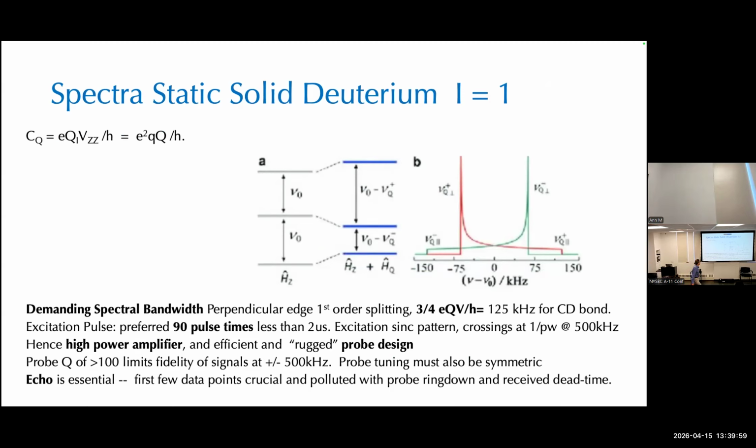So the perpendicular edge is useful. We don't want to just digitize out to the horns. We want to get all the way out to these perpendicular edges. You know why I'm calling them perpendicular edges? Or parallel edges, I mean. Parallel edge here, perpendicular edge here. You know why this is perpendicular in that curve?